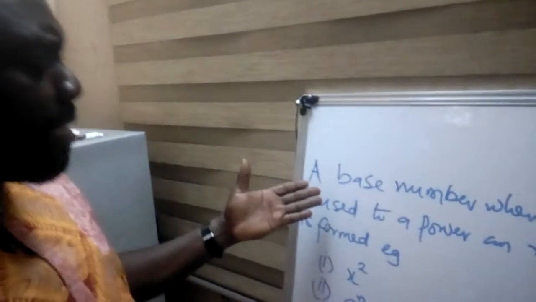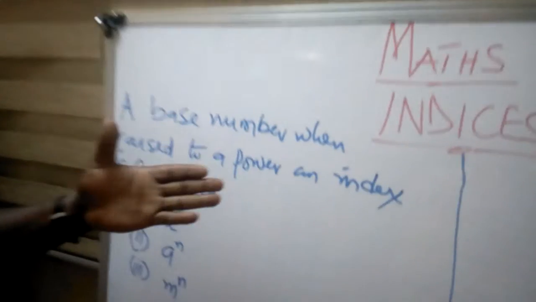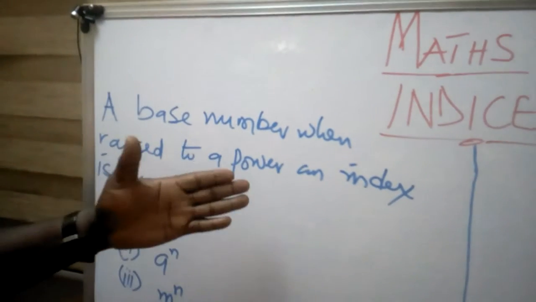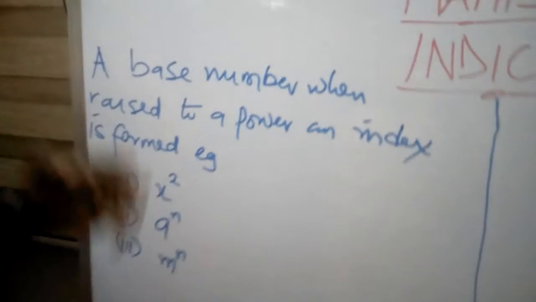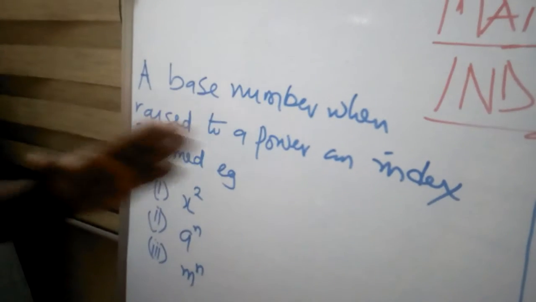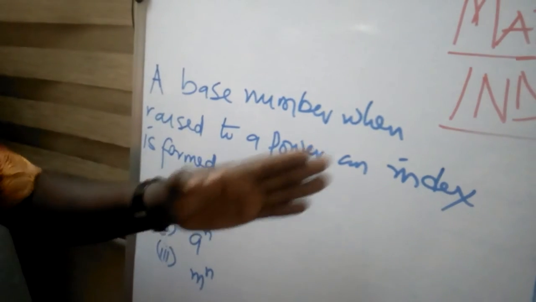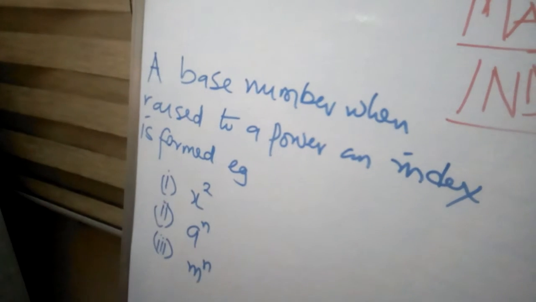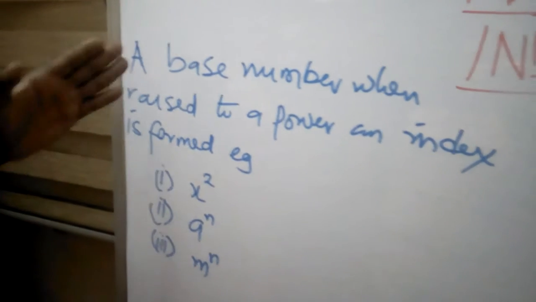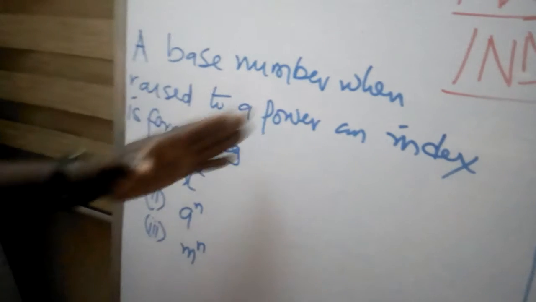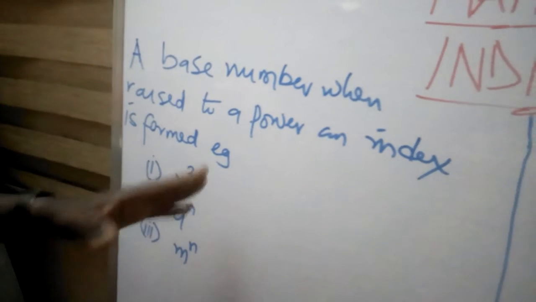Indices is simply a base number when raised to a power forms an index. A base number when raised to a power, an index is 4.